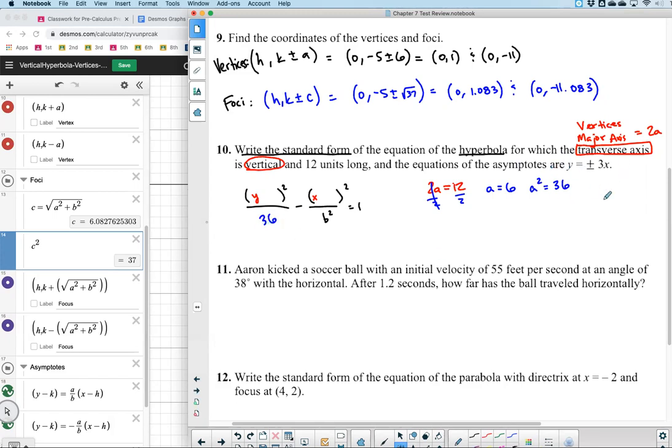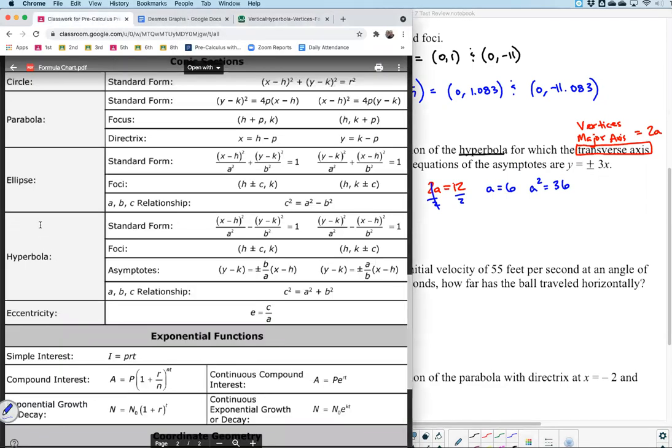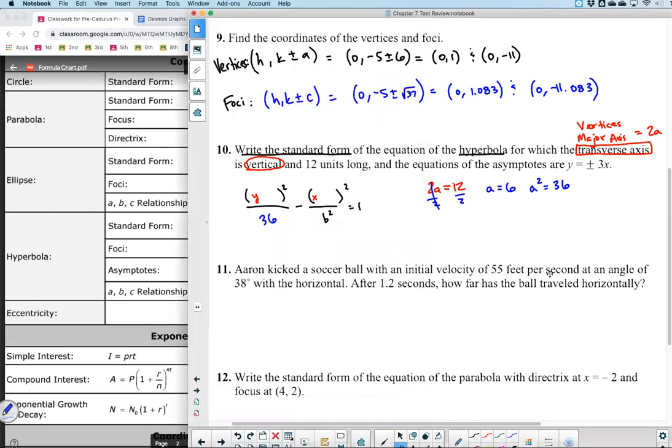And then when you come over to the asymptotes, it tells you the asymptotes are plus or minus 3. Now, what does that actually mean? Well, if you look on the formula chart, we're on hyperbola. The side of the formula that has the y squared in the positive parenthesis or positive fraction tells us that the asymptotes are a divided by b. So that means a divided by b equals 3.